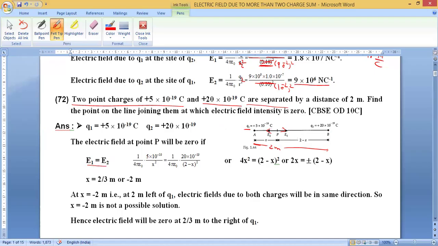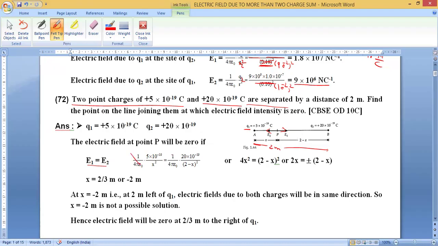E1 equal to K Q1 by x square. So K, 1 by 4 pi epsilon 0, Q1 means 5 into 10 raised to minus 19, distance x, x square is equal to 1 upon 4 pi epsilon 0, Q2 is 20 into 10 raised to minus 19 and distance is 2 minus x square.